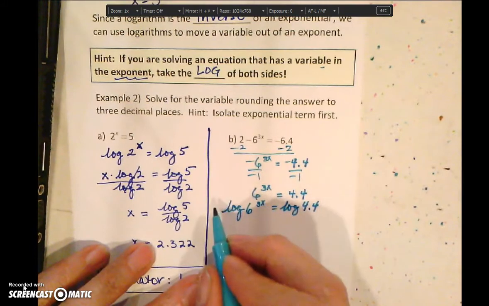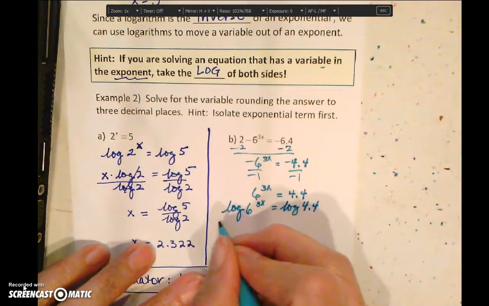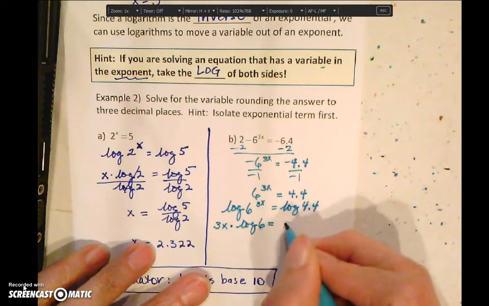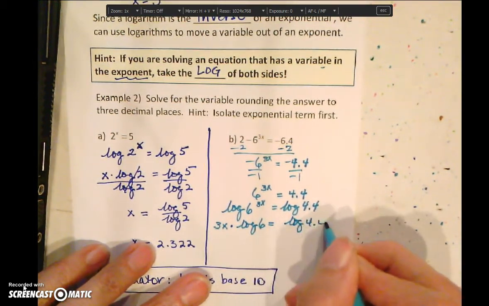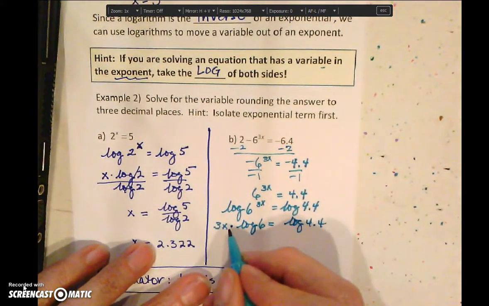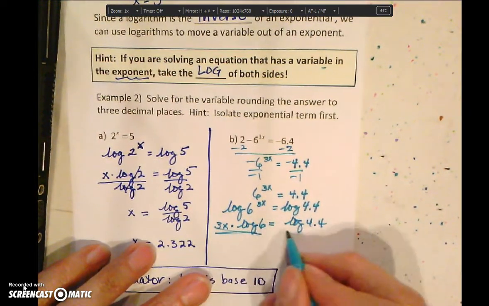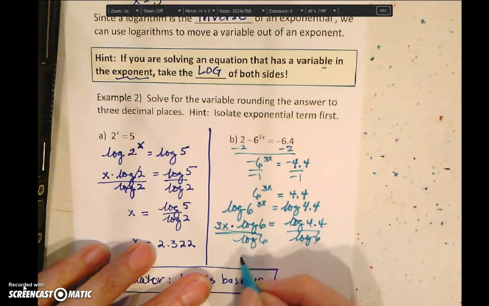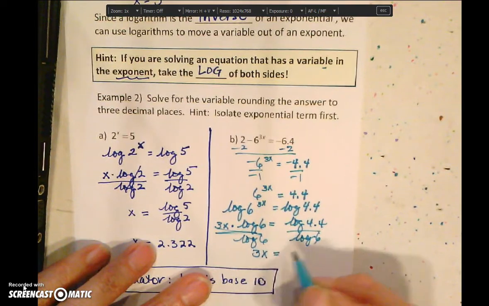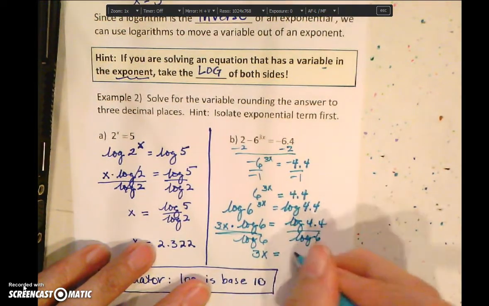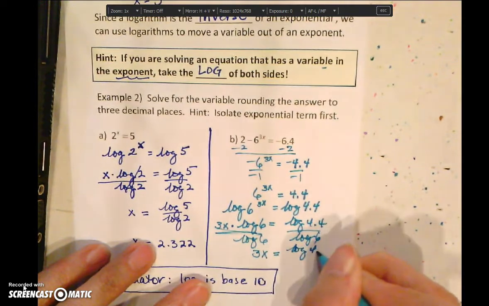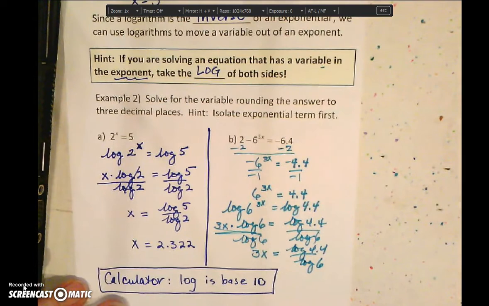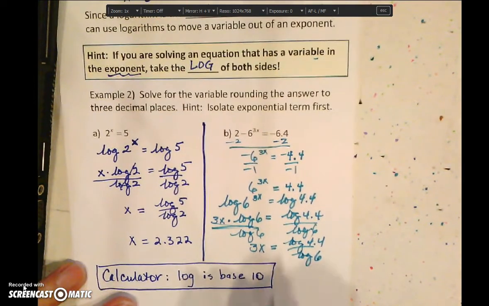The 3x is going to swing to the front, and I get 3x times log of 6 is equal to the log of 4.4. Now I'm going to divide both sides by the log of 6 so I can isolate my variable, and I get that 3x is equal to the log of 4.4 divided by the log of 6.